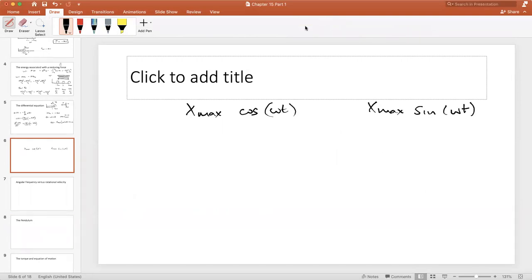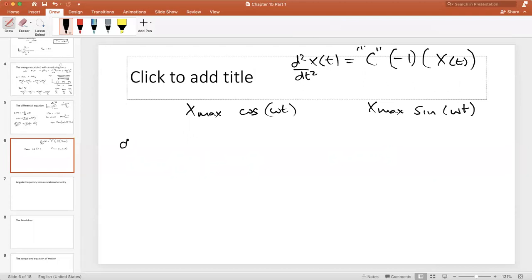and remember that I'm looking for something that, if I take the second derivative, has to equal some constant times a negative times x of t. So I'm looking for something that gives me back a negative and something out in front, and the original function, x max cos or x max sine.